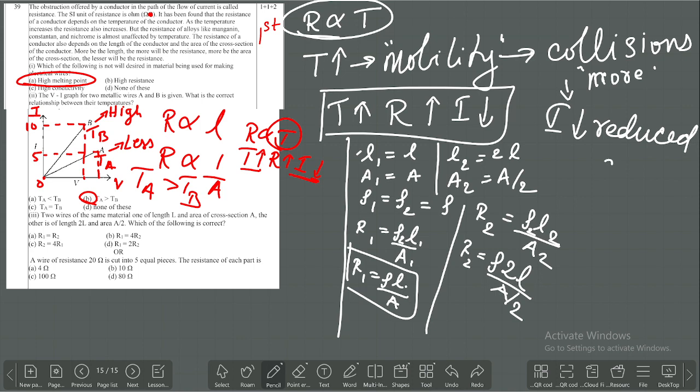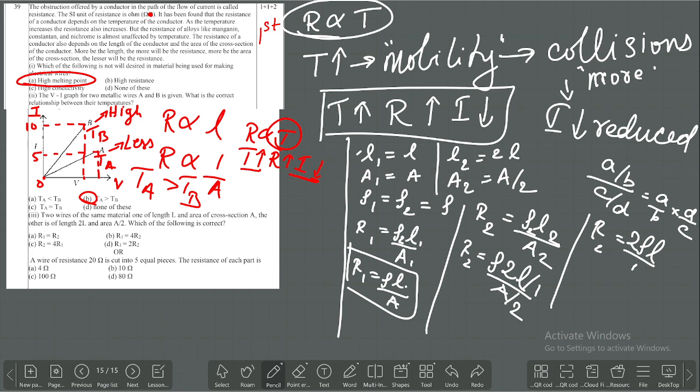So this looks like A by B the whole divided by C by D. How can we rearrange this? A by B into D by C. For rho 2L we don't have any denominator, let us assume it as 1. So R2 is equal to rho into 2L, that is 2 rho L by 1, into 2 instead of D, and A instead of C. Now multiply: 2 into 2 is 4.